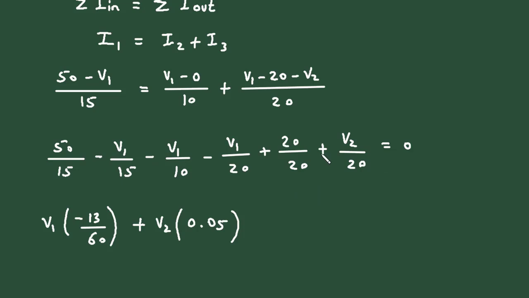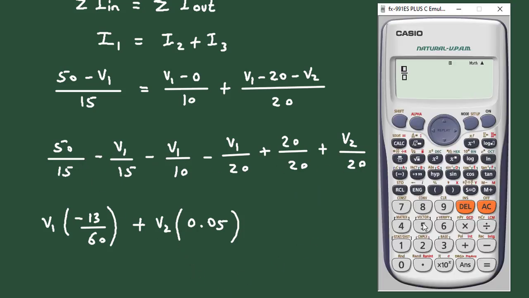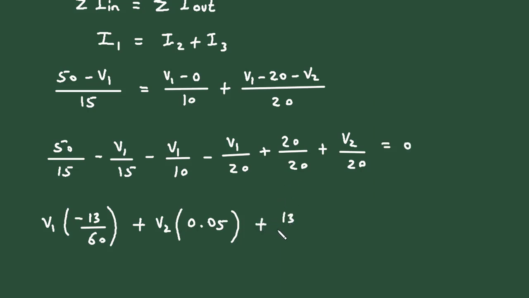Now we solve this constant, so it will be 50 divided by 15, then plus 1. So 50 divided by 15 plus 1 gives 13 divided by 3, so plus 13 divided by 3 is equal to 0.